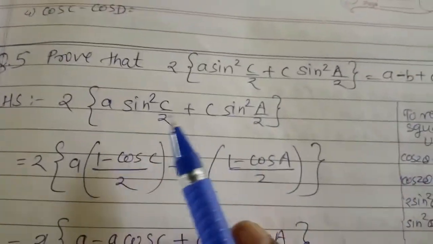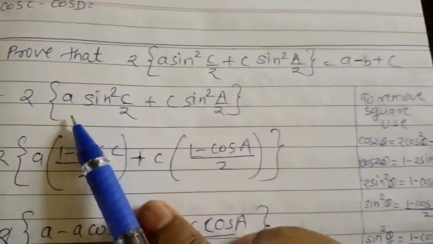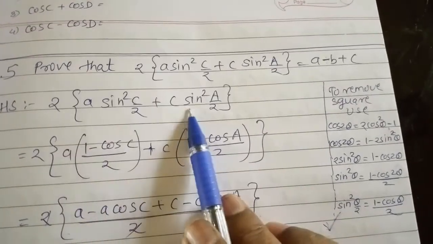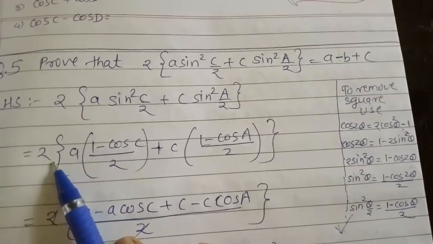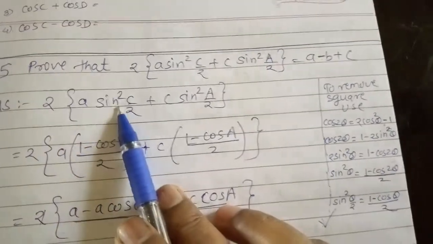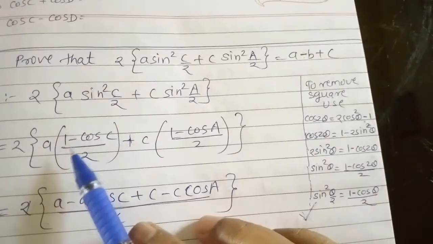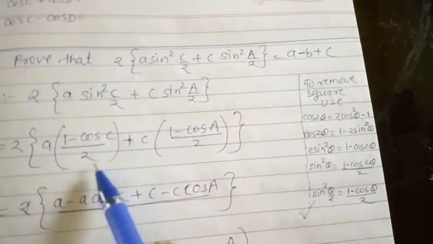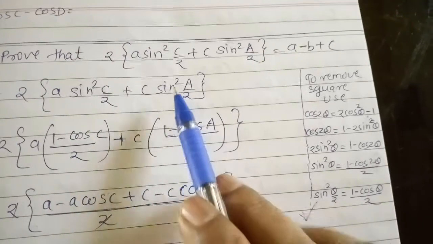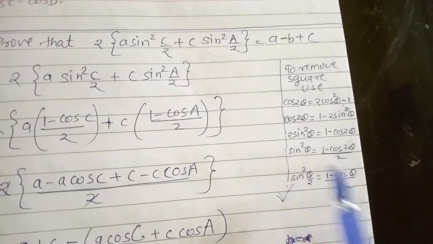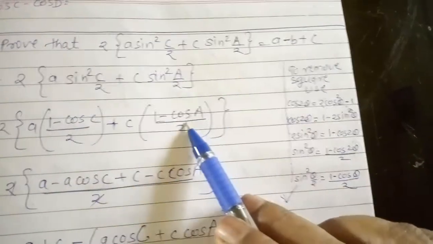So see, we are taking the LHS here: 2 into a sin square(C/2) plus c sin square(A/2). So the value of sin square(theta/2) is (1 minus cos theta) upon 2. So a times (1 minus cos c) upon 2 plus c, here again we are going to put down the value, (1 minus cos a) upon 2.